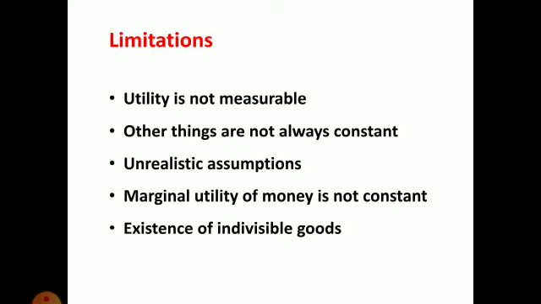The law makes the famous assumption here. But other things like income, taste, fashion, prices of related goods, economic, geographical, various political conditions cannot remain constant for a long period. In that case, the operation of this law gets limited.